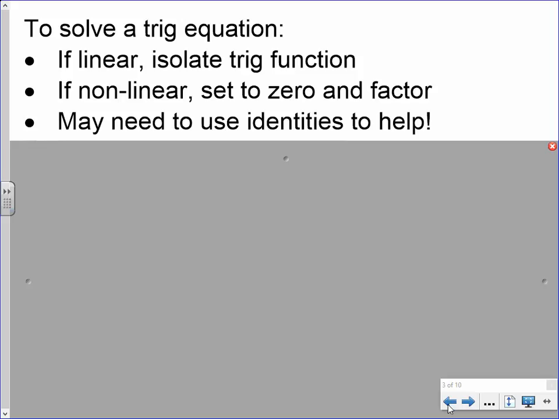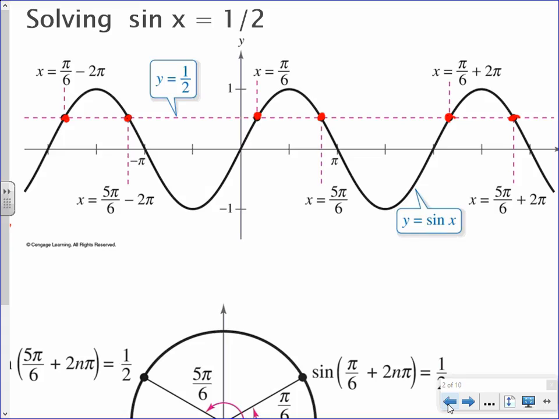And then I'm going to come back here. We had this solution of pi over 6, and you told me it was going to repeat every 2 pi, correct? So a way to express that solution is, this one would be pi over 6 plus 2 pi. And then the next one would be pi over 6 plus 4 pi. And then we could just keep going every 2 pi.